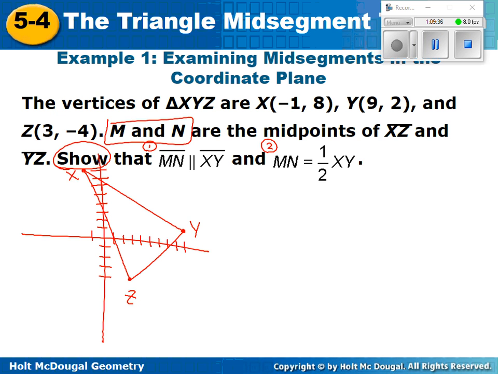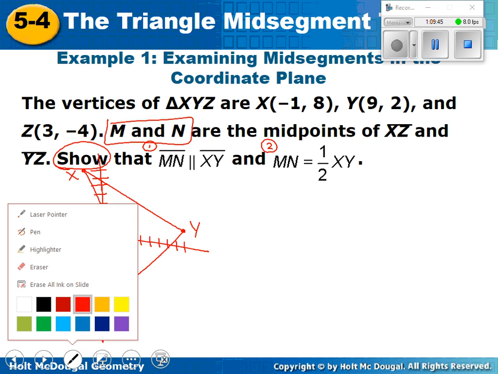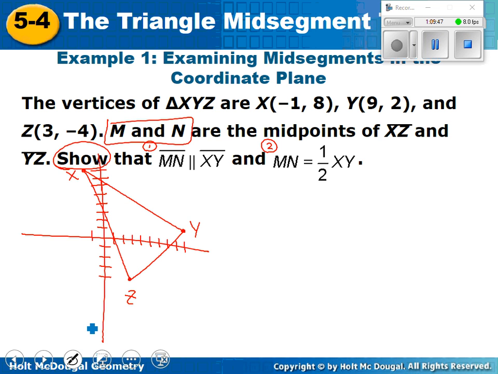Again, yours will be better on your graph because it'll be more precise than mine. Make sure you have it graphed. And then what does it tell us about points M and N once you get that graphed? Okay, and they should have said respectively so you would know, but that just means in that order.